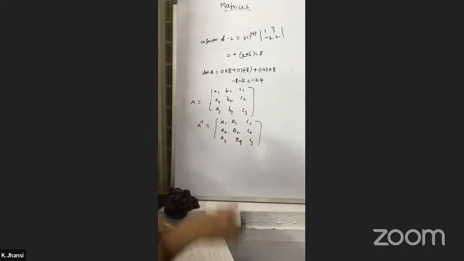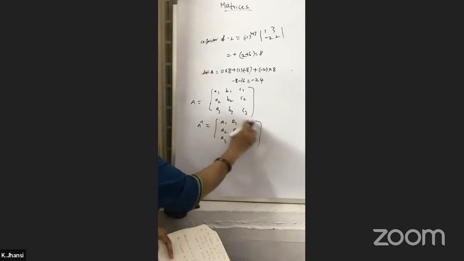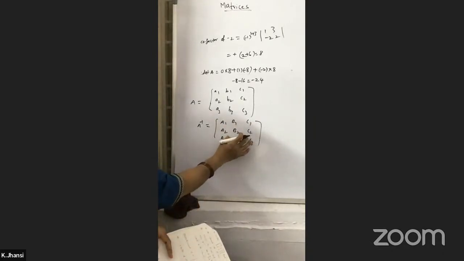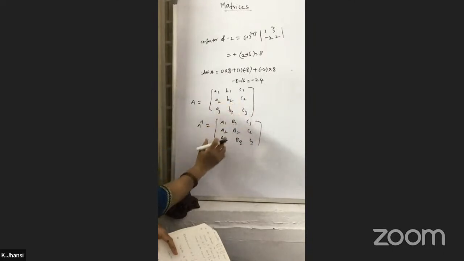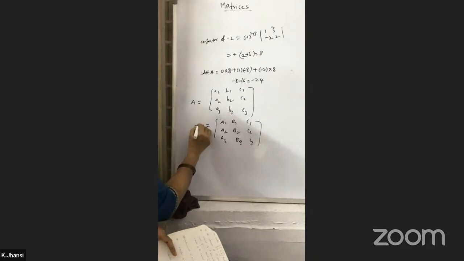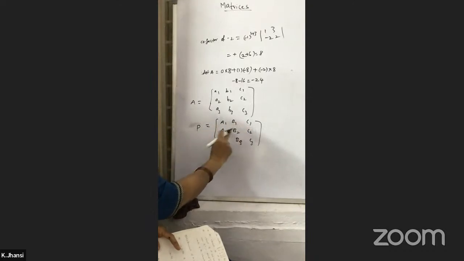If you write these 9 different values here and take the transpose, one matrix is formed. This is the given matrix. From the given matrix, when you find the cofactors, you get a different matrix. Call this matrix P, with all these cofactors.